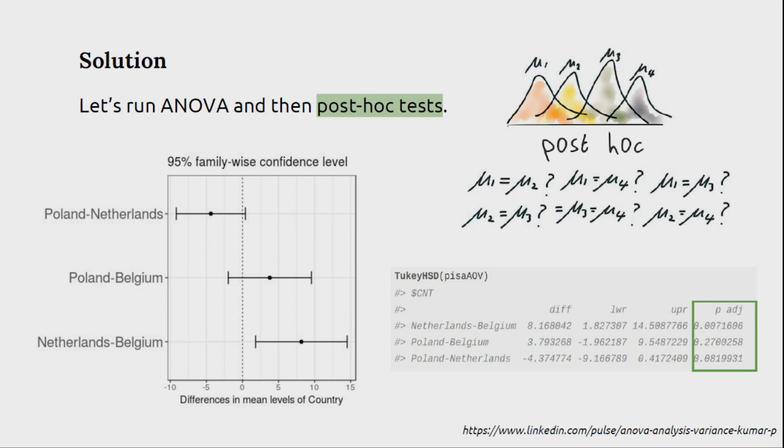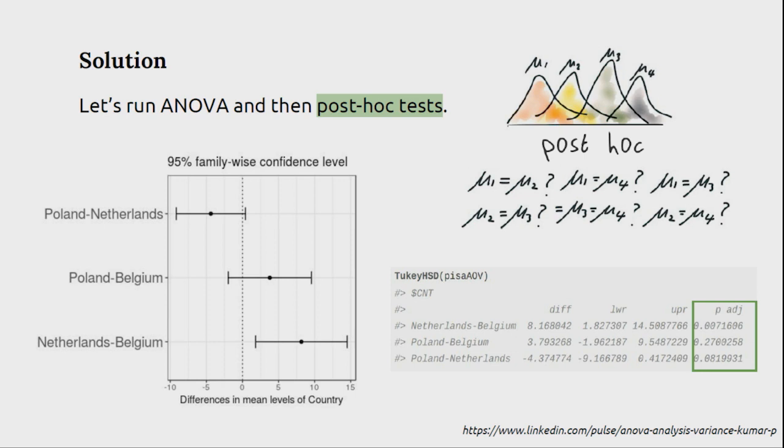The interesting point is 0, marked vertically. If 0 is inside the given interval, we may say that the difference is not significant. So in our case, we have 2 pairs that in fact share mean. These are Poland and Netherlands, Poland and Belgium. However, with Netherlands and Belgium, the story is different because 0 is outside the confidence interval.